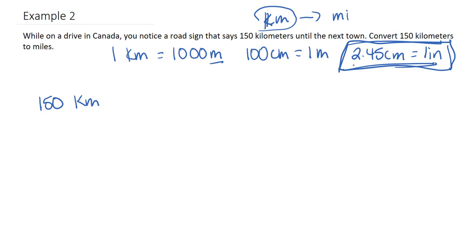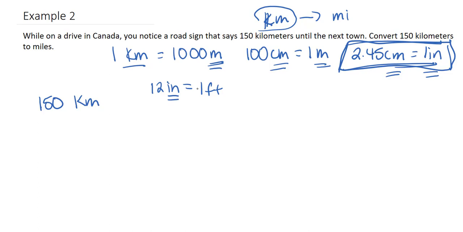So if we can go from kilometers to meters, meters to centimeters, and then centimeters to inches, we're getting closer to miles. What do we know? We know that 12 inches is equal to 1 foot, so we just went to feet.